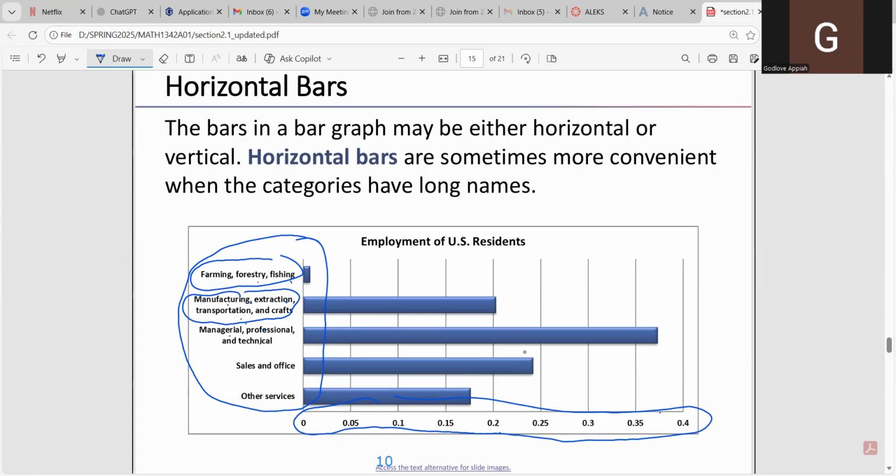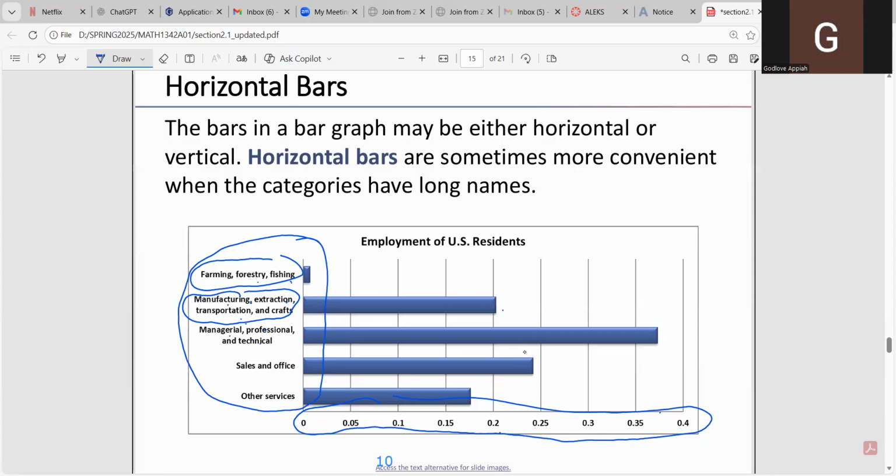Also, in a horizontal bar graph, the length of each rectangle corresponds to the frequency or relative frequency of that category. So here we can also have a relative frequency horizontal bar graph and a frequency horizontal bar graph.